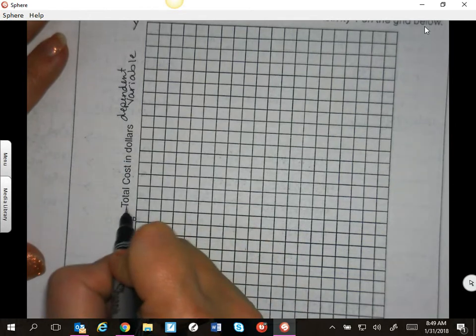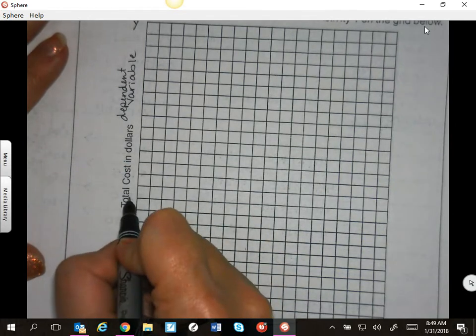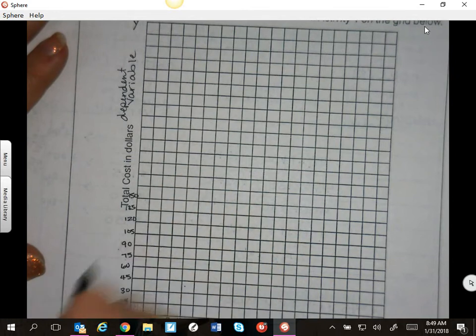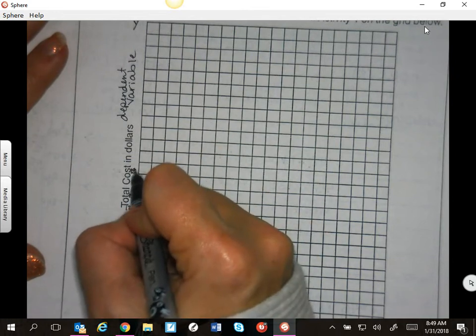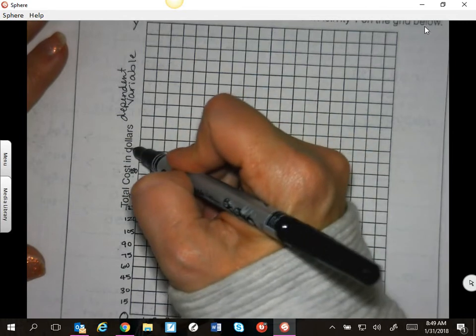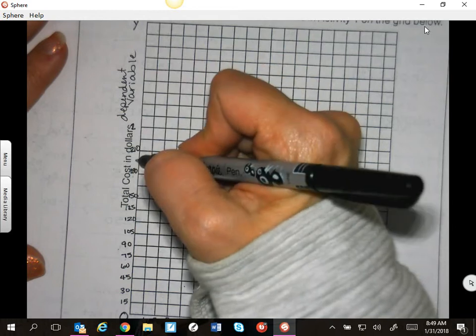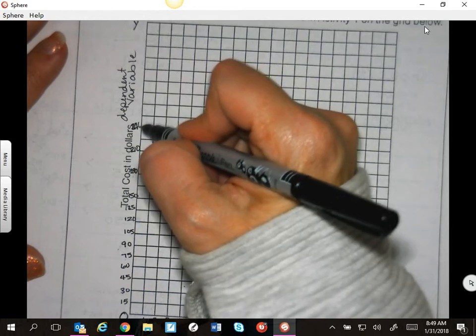How high did we go up to? We went up to 250, so we at least need to do that. 135, 150. I'm just going to skip and count every other one. We're still counting by 15s, but I'm going to label every other one and make it go a little faster. 210, 240.